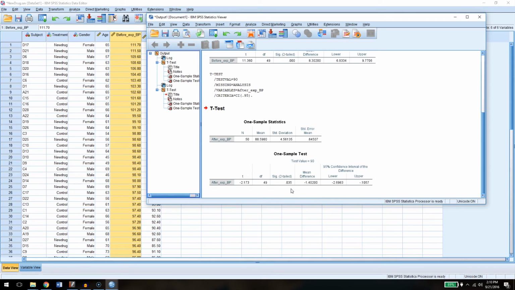So if you're using 0.05 as your significance level, that means that you reject the null hypothesis. But if you're using 0.01, you couldn't reject the null because this is still above 0.01. So it just comes down to how you want to interpret this particular test.